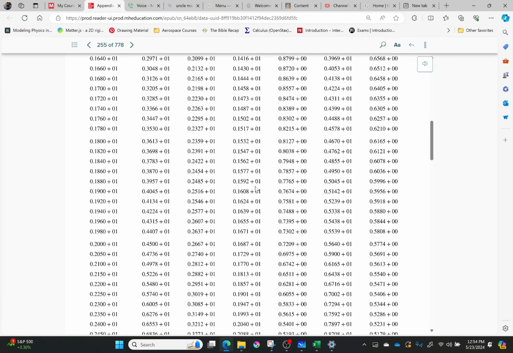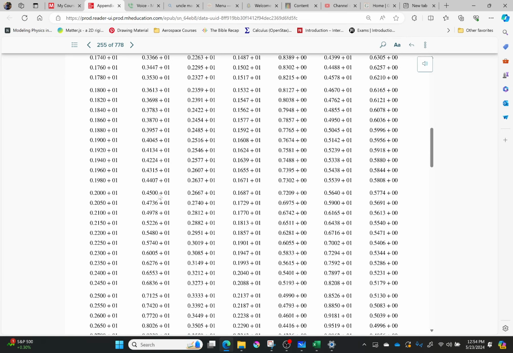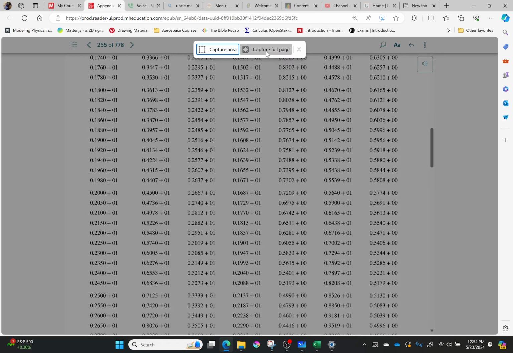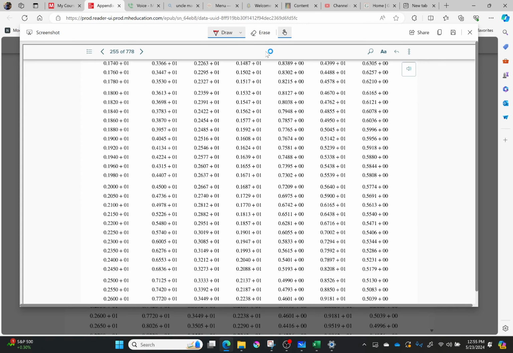It doesn't, sadly. So I'm going to screenshot my screen again so that you can see exactly what line I'm looking at, and then we'll write down those values. So these values are what I need. This is the P02 over P01, and this is the second Mach number right there.